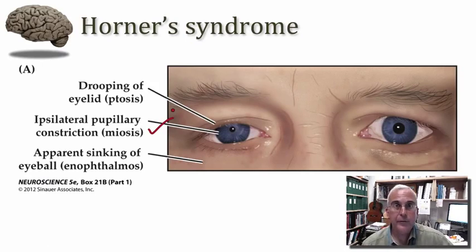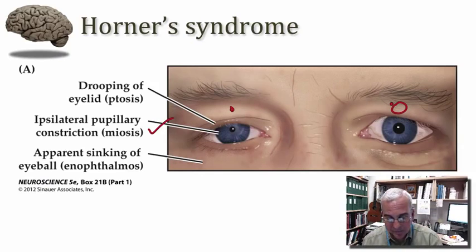What you're looking for when you examine the diameters of the pupils is not so much an absolute size, but an asymmetry. In the case of Horner syndrome, the affected iris has a smaller pupil than the normal iris. It might be somewhat difficult to appreciate what is normal, but I think you can see that the pupil is smaller in this patient's right eye compared to the left eye.